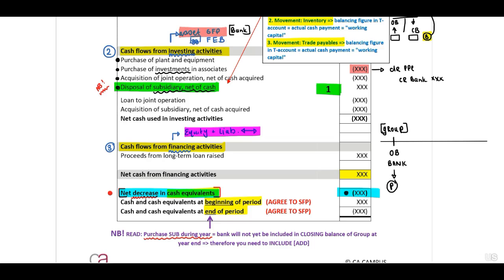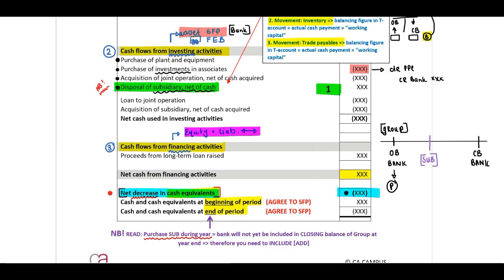Now they indicate to us that during the year, let's say for example in the middle of the year, our parent purchased a subsidiary. At the end of the year, guys, your closing balance of your bank account.